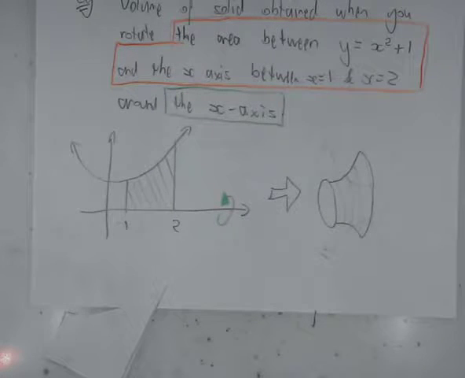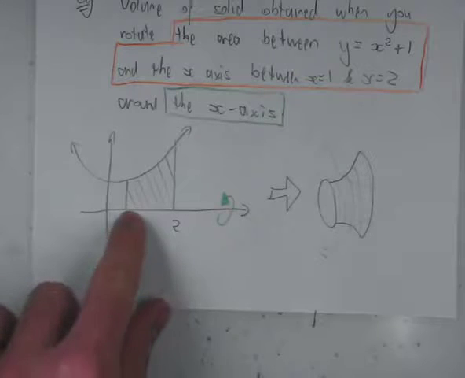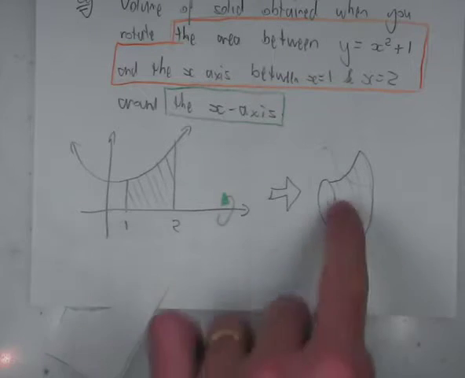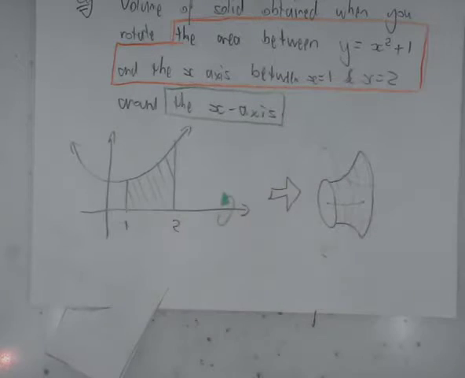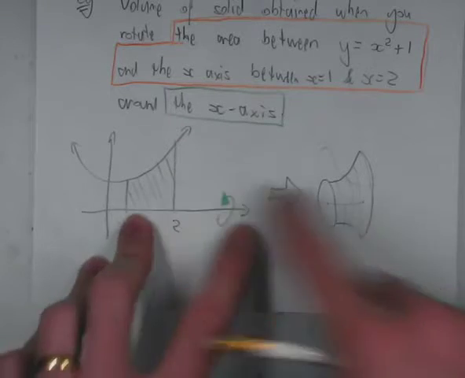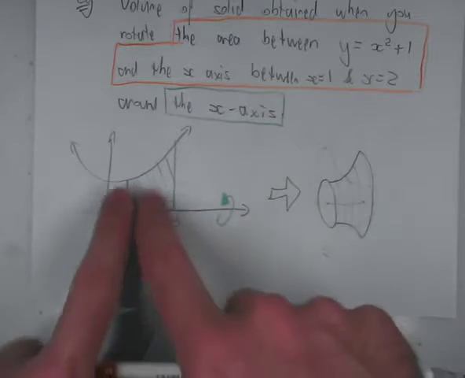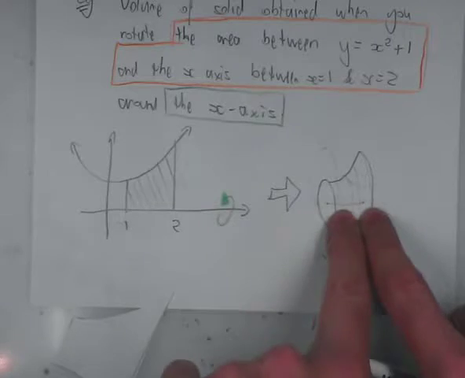Okay. So what we need to do is figure out at every place along this x-axis, so here along the centre of my shape, how big the circle is at that spot. And once we've got a formula for how big the circle is at that spot, we can integrate it and it will tell us the volume. So this whole shape produces this whole volume, but we want to know what becomes the circles that are over here.